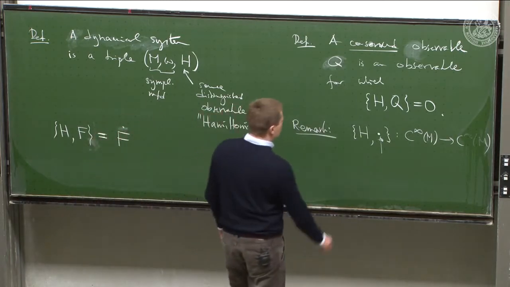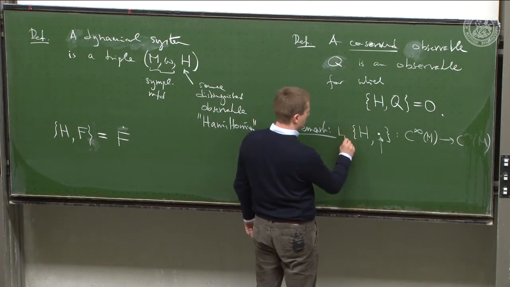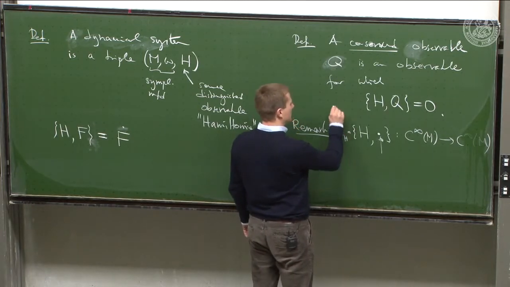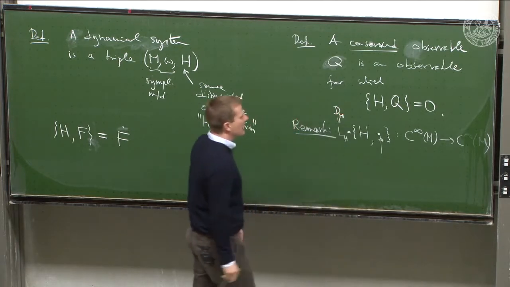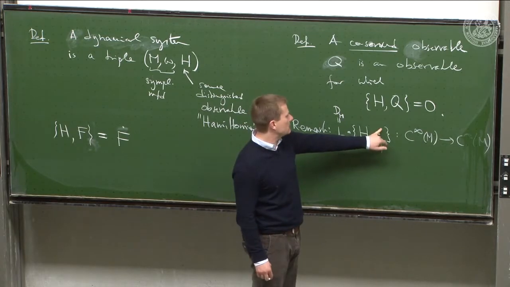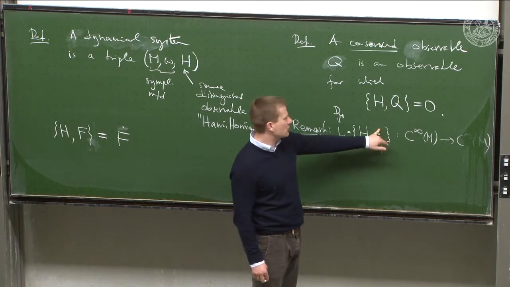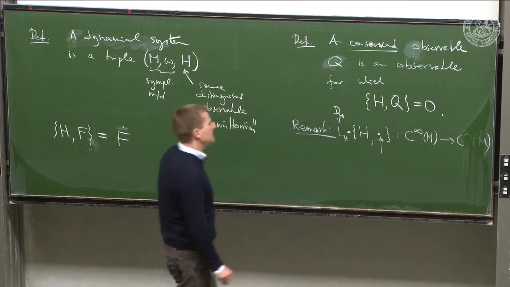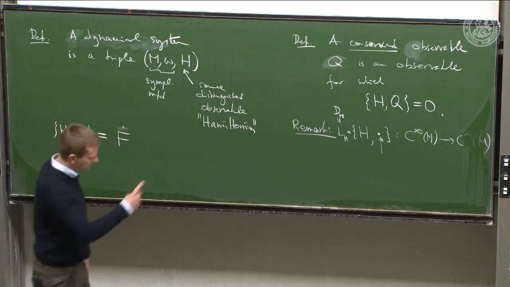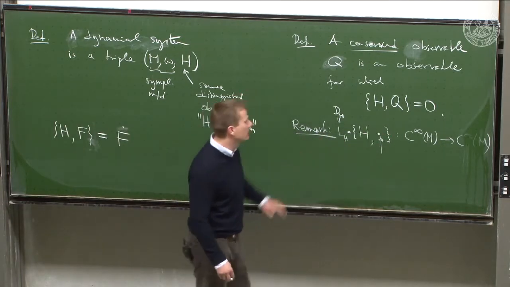Now, this is sometimes in classical mechanics called L sub H, like the Liouville operator, or D sub H, that reminds you more of a derivative, because it's precisely this. If you put in here a product, which you can do, then it will satisfy the Leibniz rule, the product rule for this product. Why? Well, because the Poisson bracket ultimately also satisfies, we just said, the Jacobi identity.